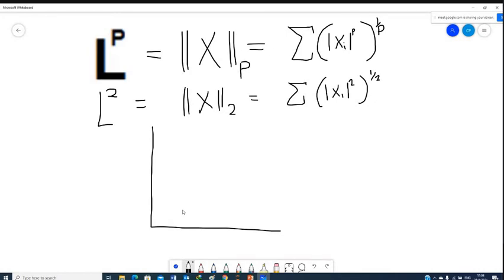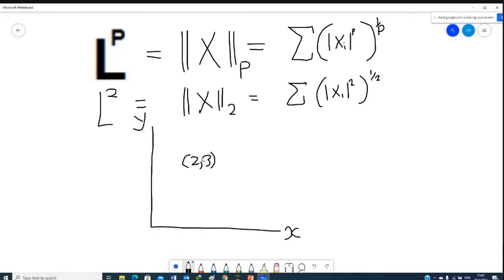So let's say, for example, we've got this point (2, 3). This is the x-axis, and this is the y-axis.